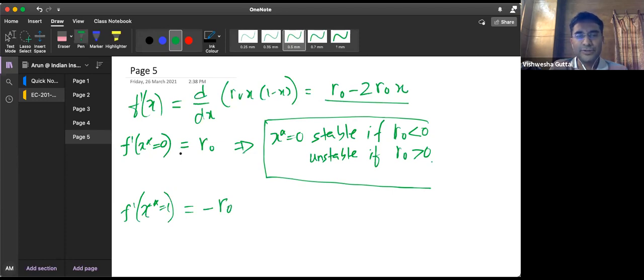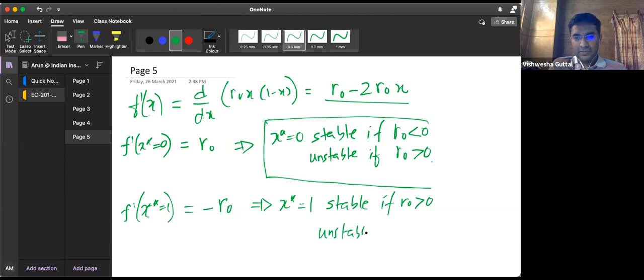Look at the contrast here. For the x star equal to 0 equilibrium and the x star equal to 1 equilibrium, the values are basically the negative of each other, which means the stability criteria are swapped. It is stable if R0 is positive, and unstable if R0 is negative.